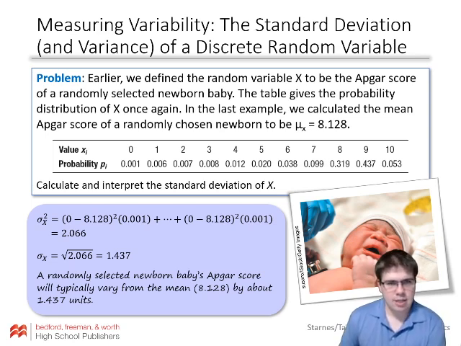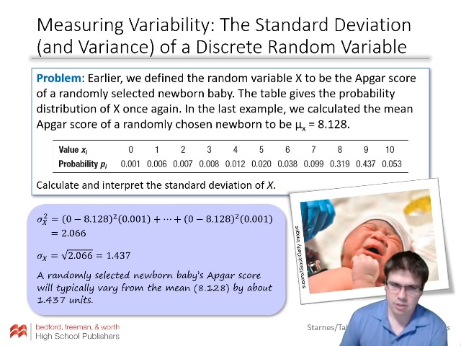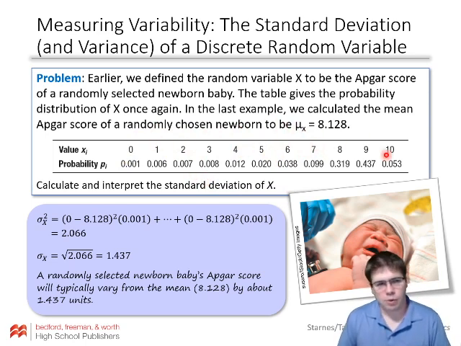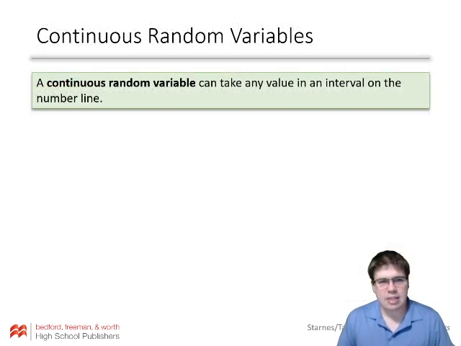All right, the next thing we have is continuous random variables. Discrete is when we have specific outcomes, usually whole numbers. You technically could have defined fractions, but the idea is that over a range of values, there's a finite number of possibilities. Continuous means it can take any value over an interval on a number line.